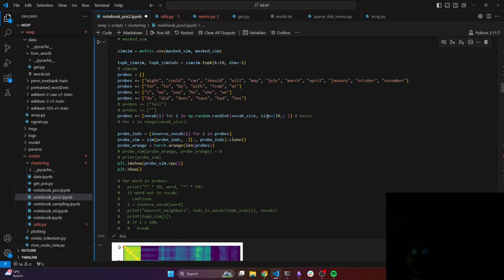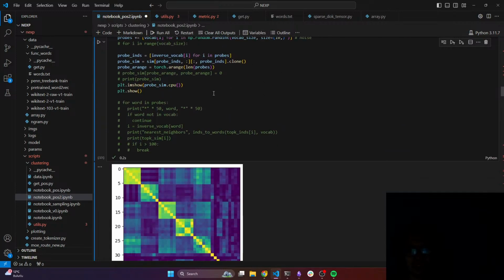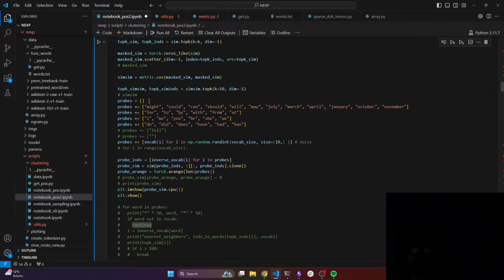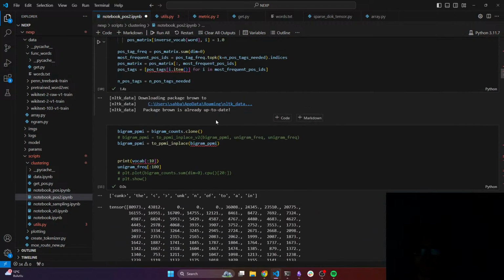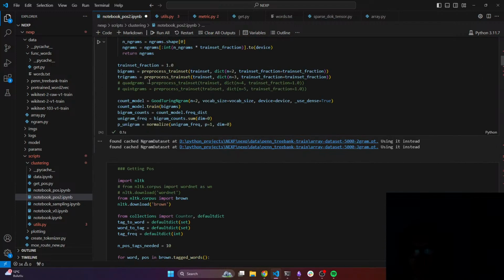If you look at it with 100% of the data, we plot the similarity between every word in all of this array, every word with every other word. The similarities are extracted from the bigrams.